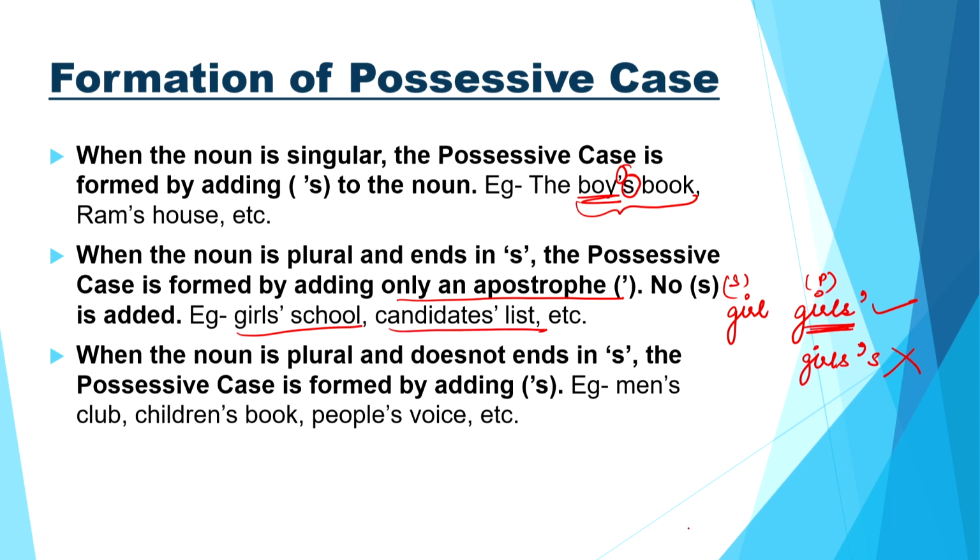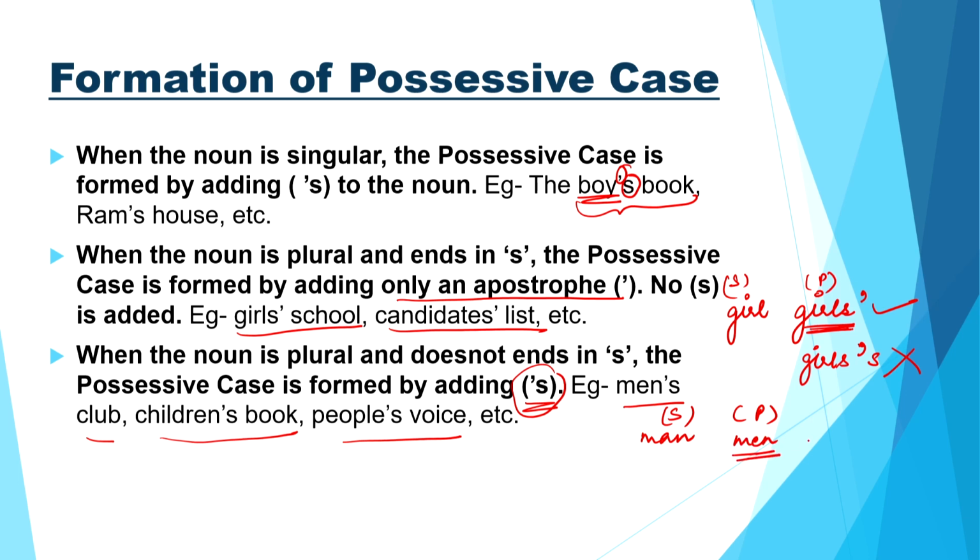Next, when the noun is plural and does not end in S, the possessive case is formed by adding an apostrophe along with S. For example, men's club, children's book, people's voice. Now, man is singular, and men is plural.